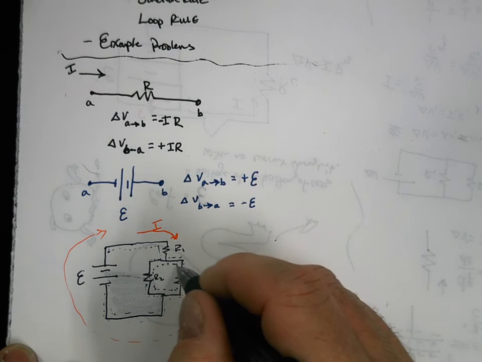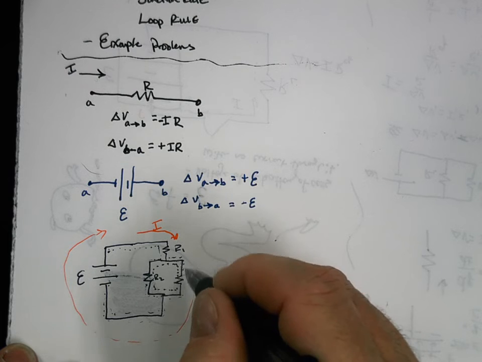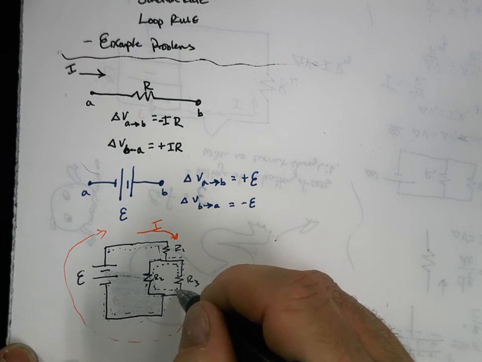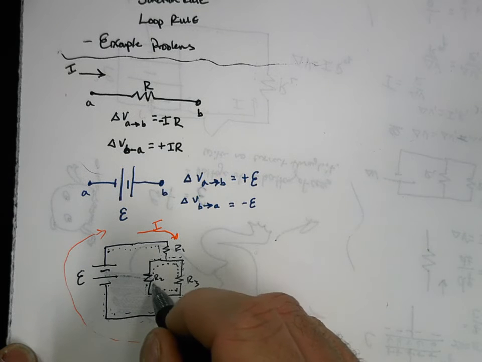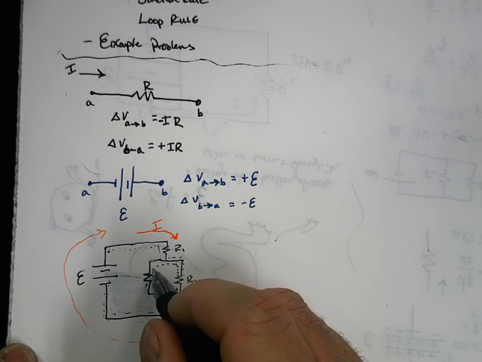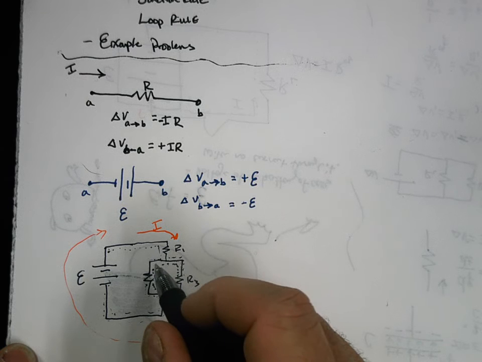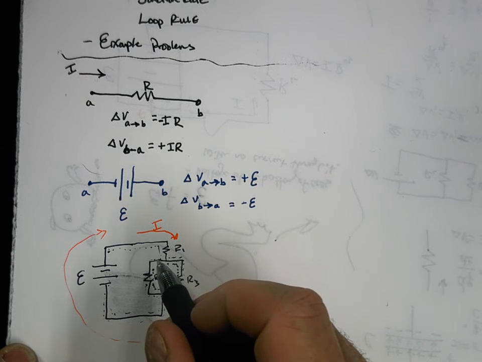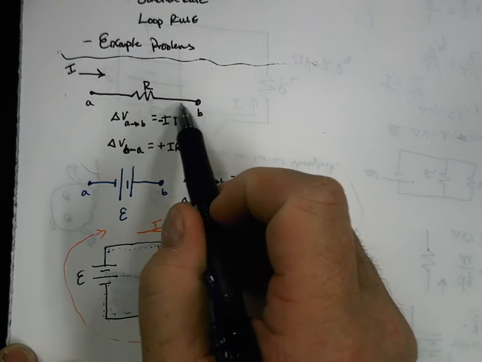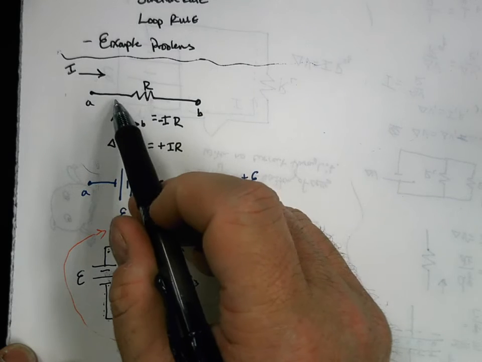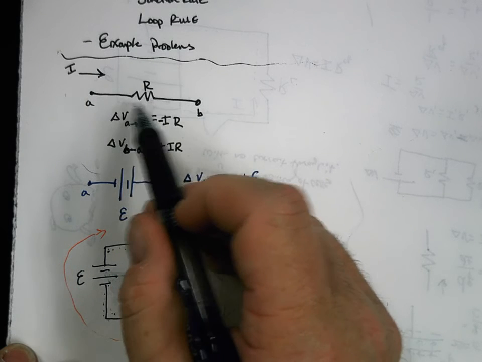As we go this way, we will experience a voltage drop here at R3. But if we come back around and go to R2, we start going upstream with the R2, and all of a sudden this becomes a voltage gain because we go the other direction. We're moving against the flow up here. Remember, if we go against the flow, we gain in potential as we go against the resistor.